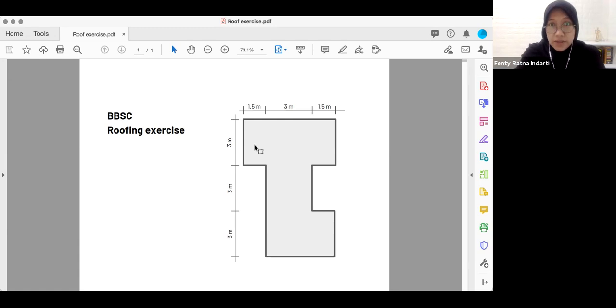So what does it mean by preliminary? It means that you create just one surface. You don't have to put the thickness of it, but each element should be color coded.